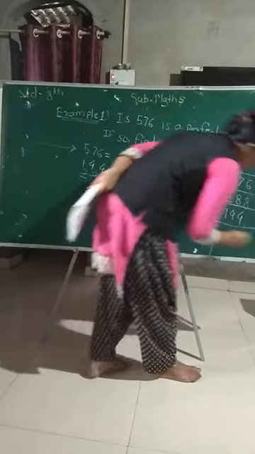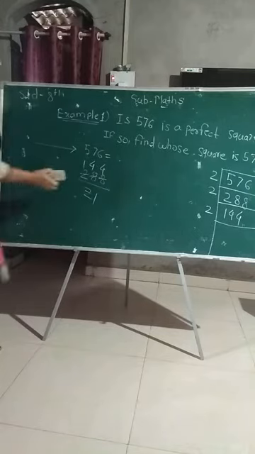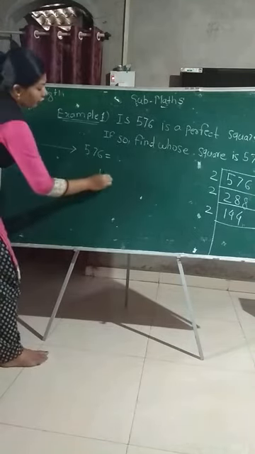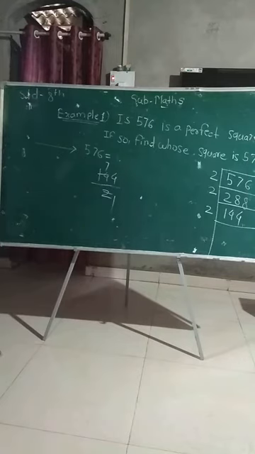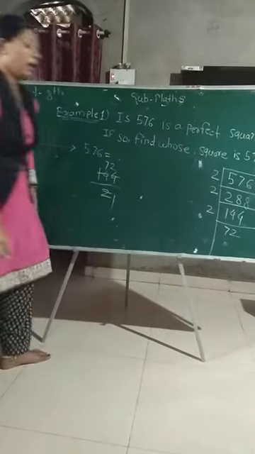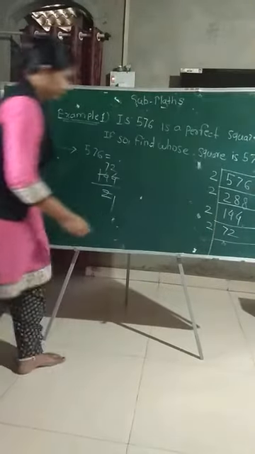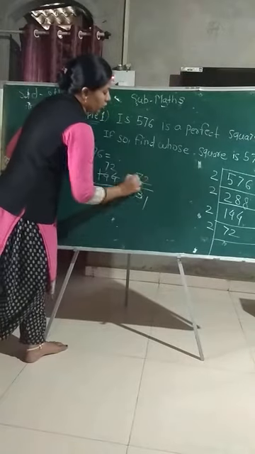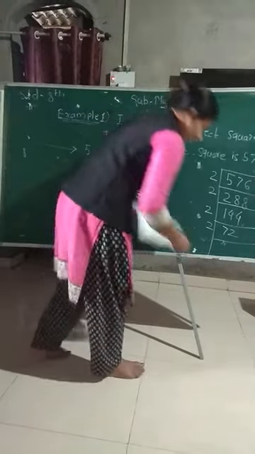Divide only by the smallest prime numbers. 144 divided by 2 gives 72. Again we divide 72 by 2, then we get 36.